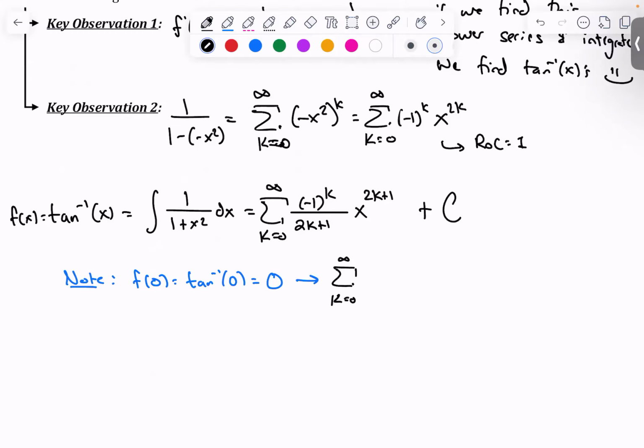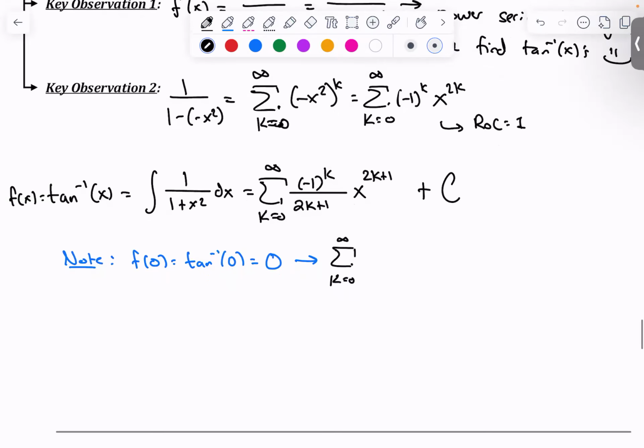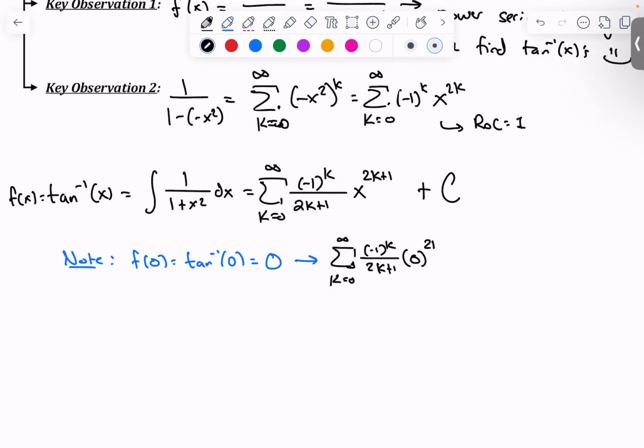So it's going to be 0. But it could technically, if you want to shift it up or something like that, it could be pi or 2 pi or whatever. Either way, that's going to be -1 to the k over 2k plus 1 times 0 to the 2k plus 1 plus a constant c is equal to 0. That gives me c is equal to 0.